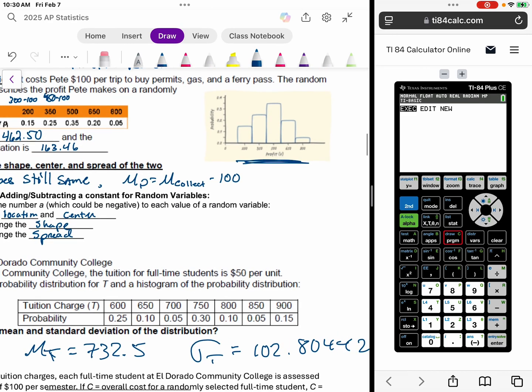That's what we basically did. We could take the old one and do that. The standard deviation of the profit is technically equal to the standard deviation of the collected. The transformation did not affect that part. I used the word collected instead of a C because the cost was $100. We subtract the $100 cost for his stuff, so I wanted to spell out collected so we didn't misinterpret what the C was.